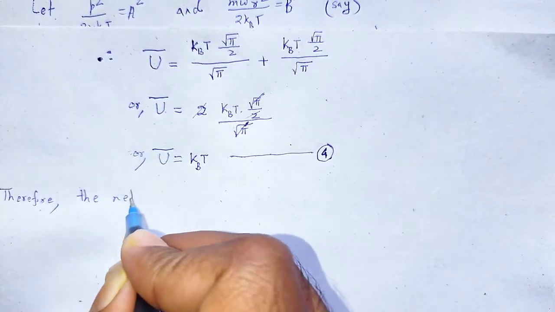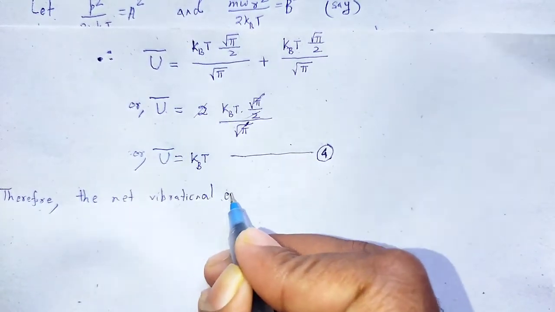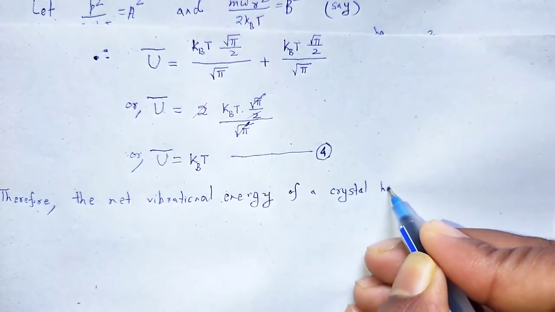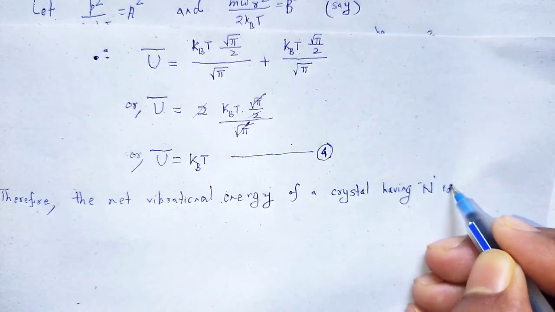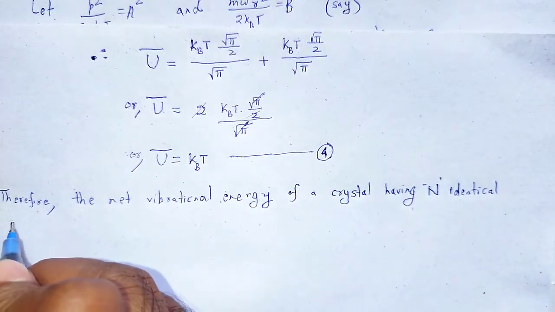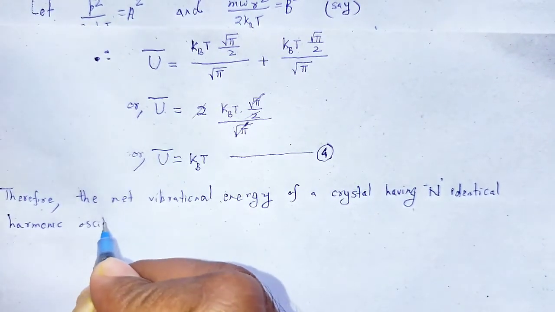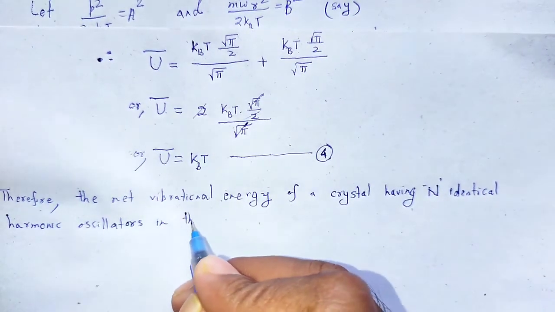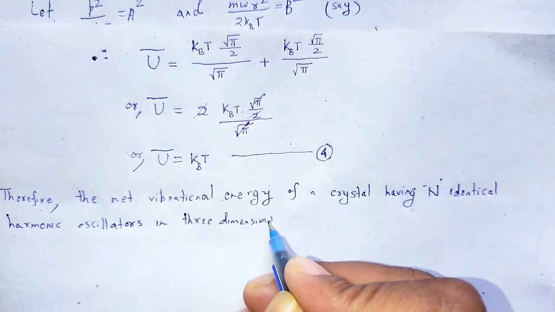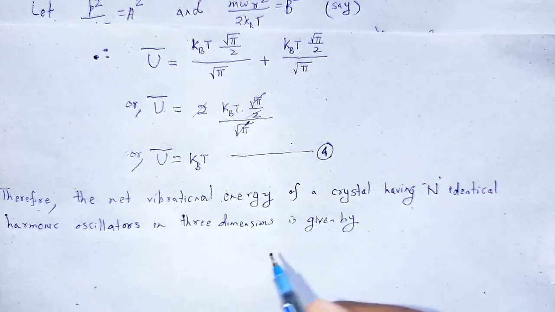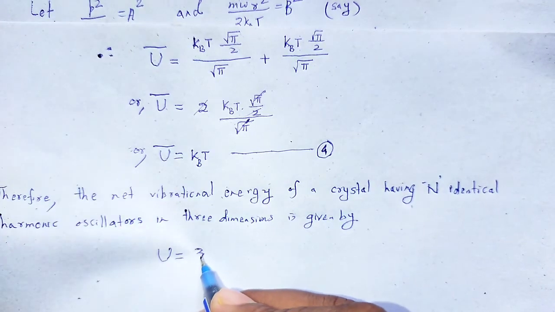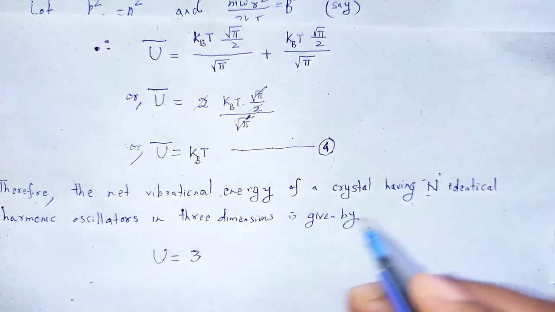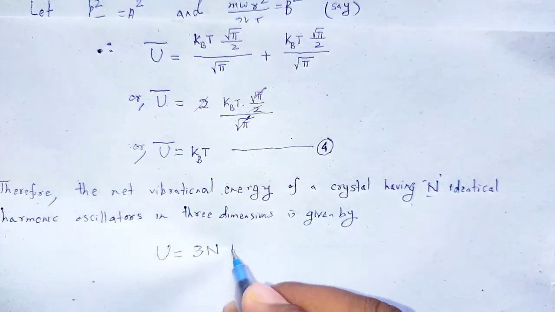Therefore, the net vibrational energy of a crystal having a number of identical harmonic oscillators in 3 dimensions is given by the total energy U. In 3 dimensions, the degrees of freedom will be 3, so 3 times n identical harmonic oscillators, n times the average energy.